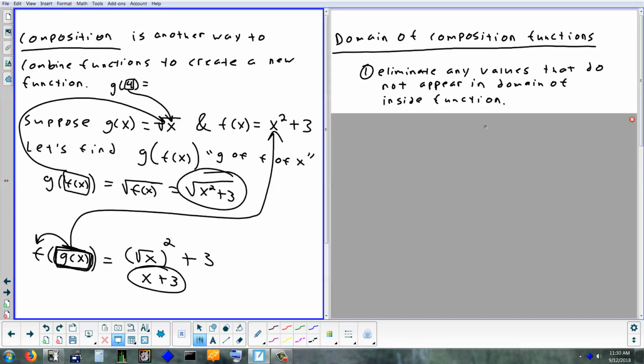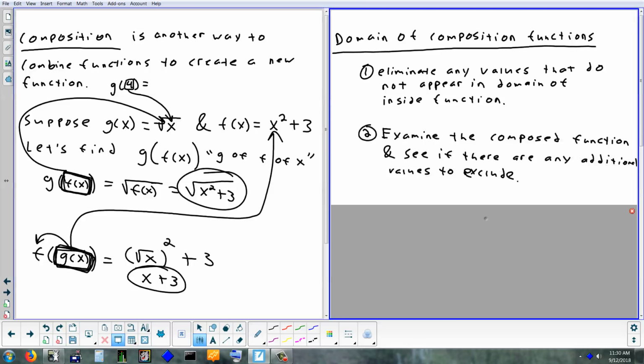In this case, g of x is the inside. In this case, f of x is the inside. So just look at the inside function, which they're always going to give you in the original problem, and ask yourself, are there any values that I'm not allowed to use in that function? So you start with that.